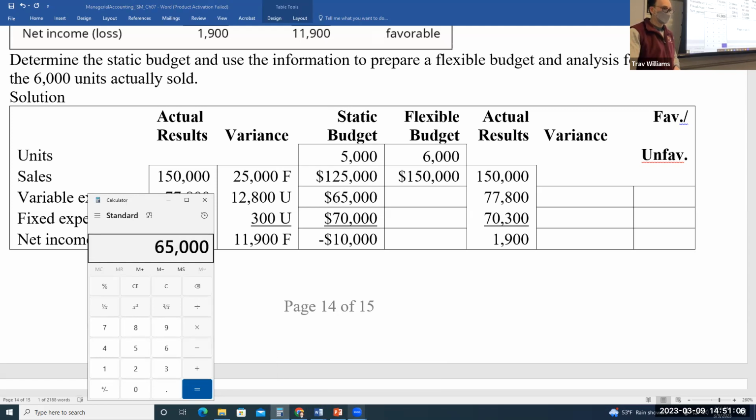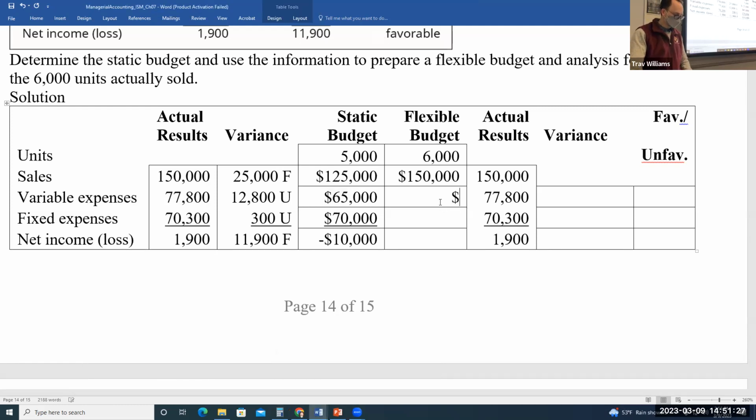We're going to divide it by the 5,000 units in the original budget. So that means we had a $13 variable cost per unit. Now we multiply that by the 6,000 we actually sold. And we come up with 78,000 is what our variable costs should have been according to this flexible budget.